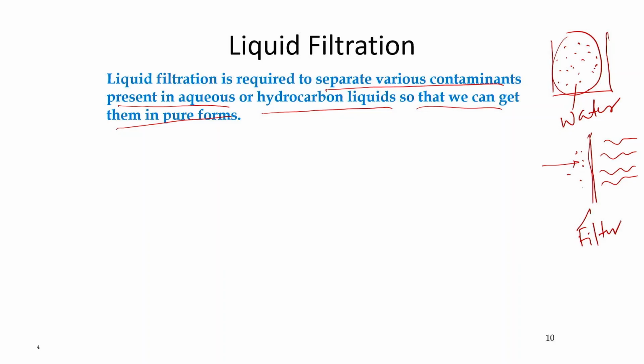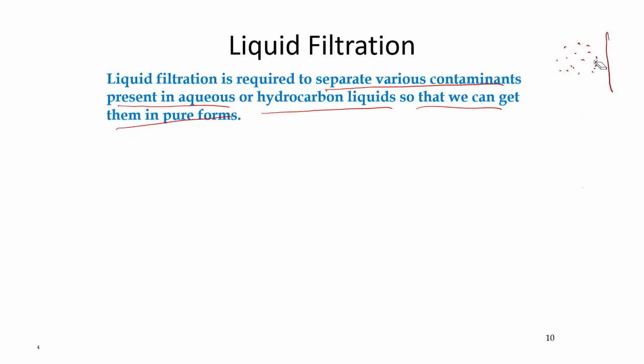Now, another filter, particularly used in food industry or various other chemical industries, where we want to separate out the required ingredients in pure form. In that case the fluid is not required, the solid particle is required.